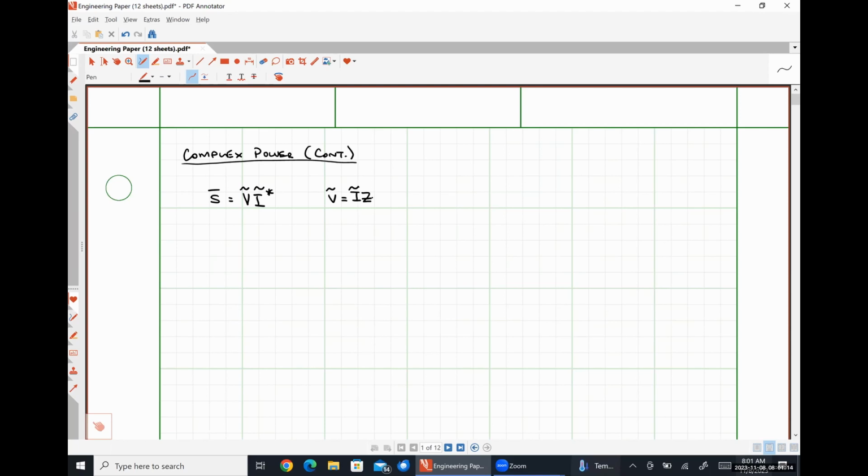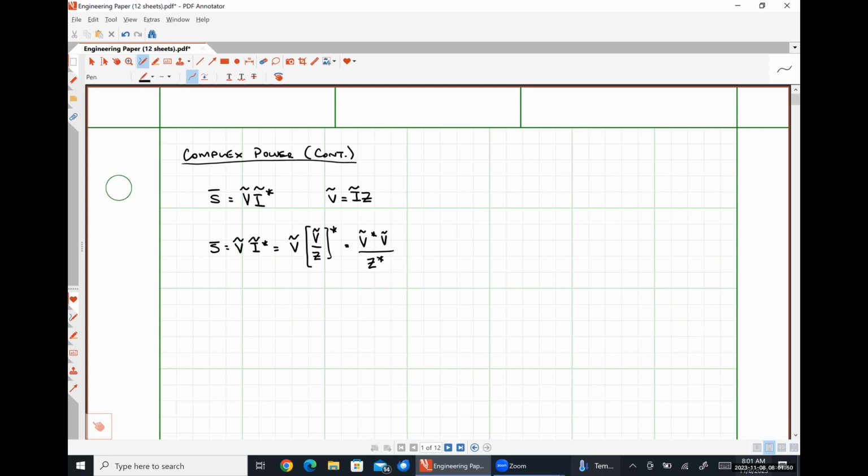So in terms of voltage, we could say that S is equal to V times I conjugate. So V is going to stay the same. Using Ohm's law, we can say that I is simply V over Z. So I'm going to have V divided by Z, and then the conjugate of this thing. So that's going to give me V conjugate times V divided by Z conjugate.